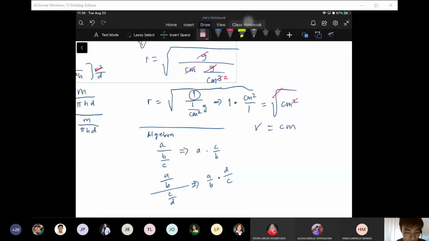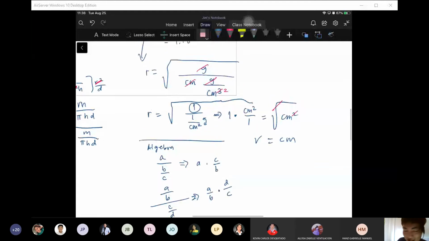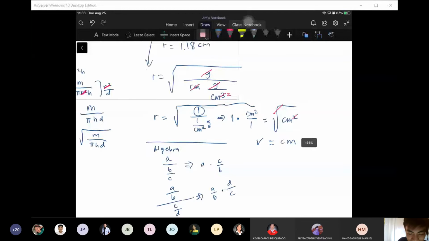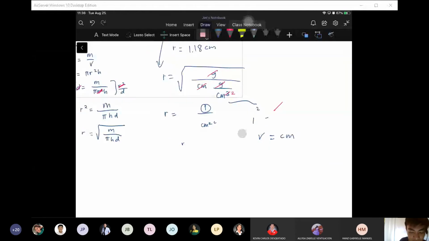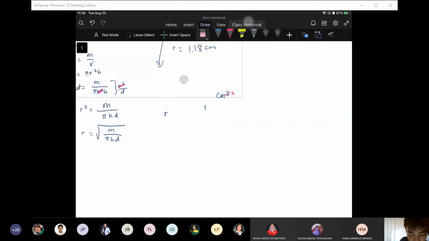When I was teaching in engineering class, chemistry for engineers, maraming nadadali dito, sa fractions. Madali lang mag-calculus, yung fractions, hindi. Kaya yan, you have to master this. Okay, so the final unit would be centimeter.